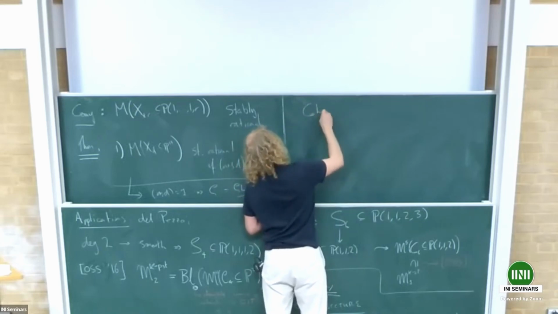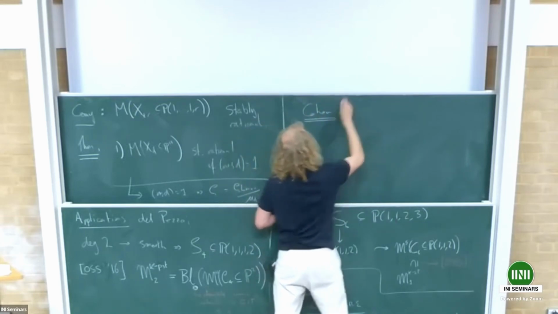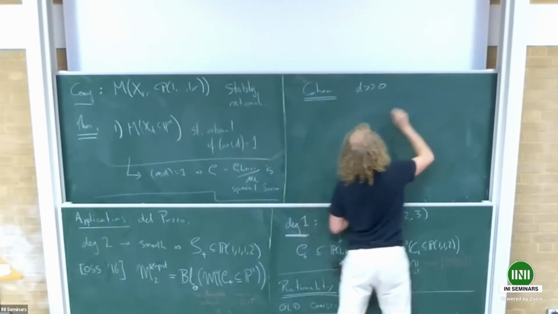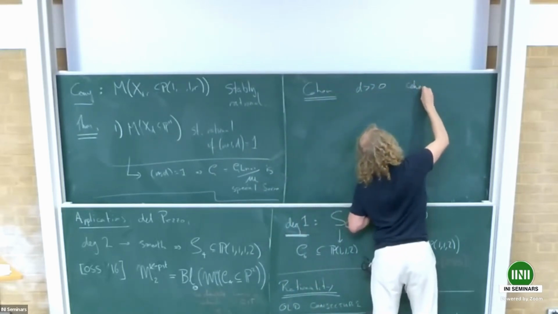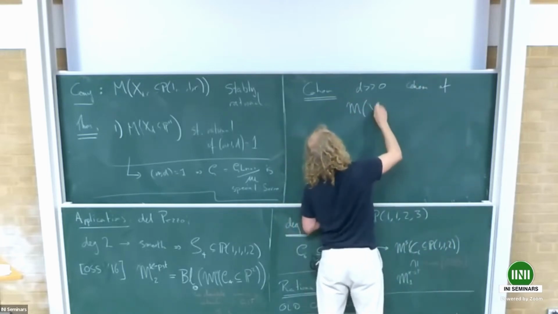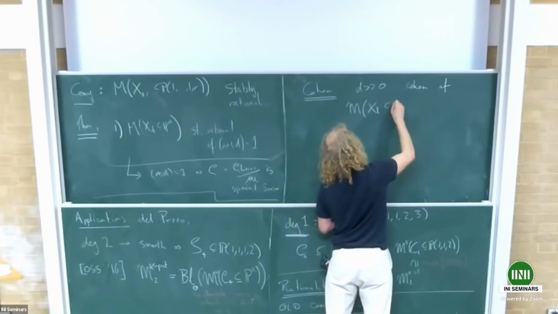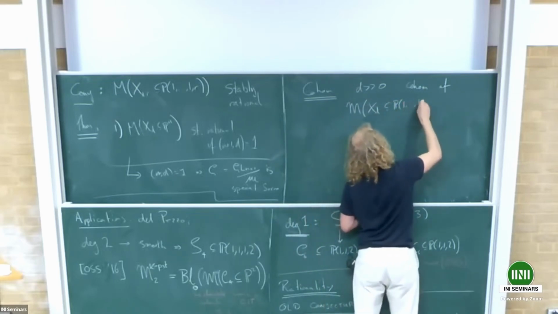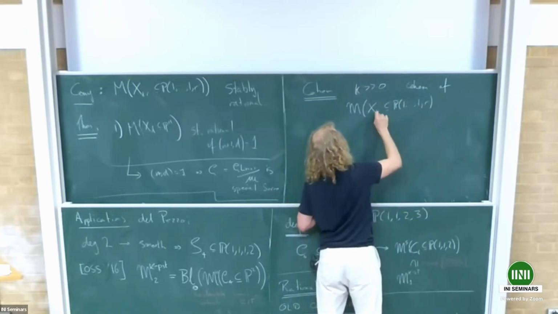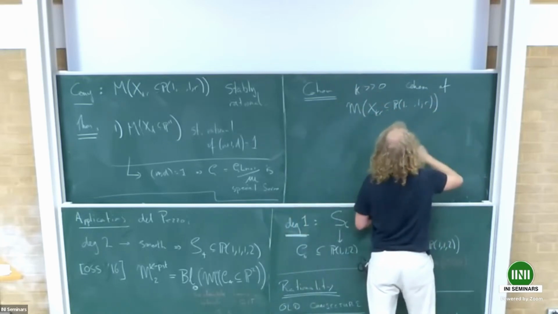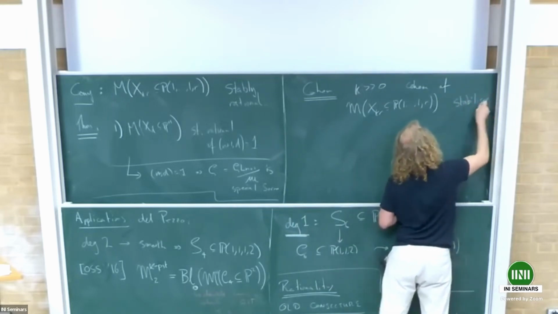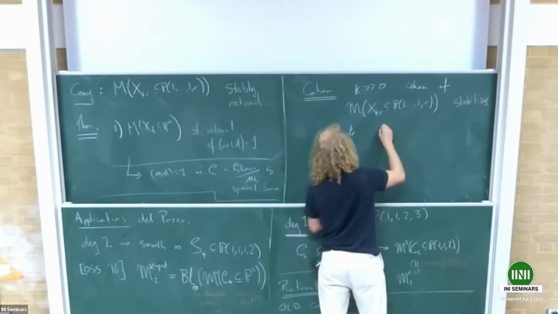And so finally, the tagline is that for d large, the cohomology of M, X_d inside P^(11R), I should be consistent, I apologize, stabilizes to that of BG.